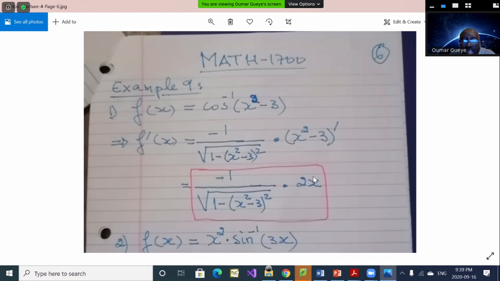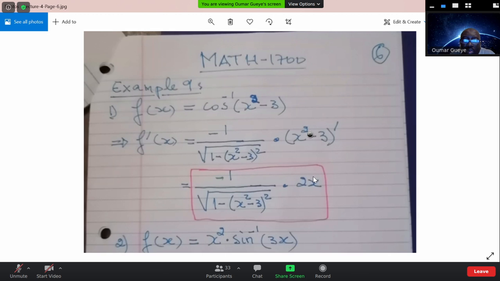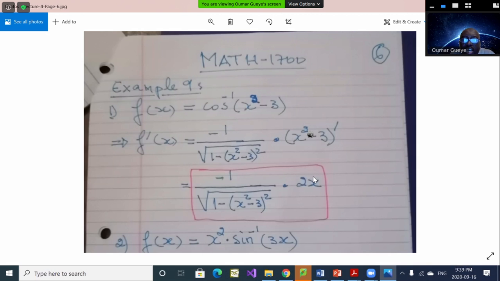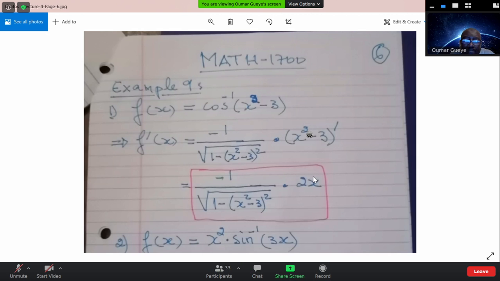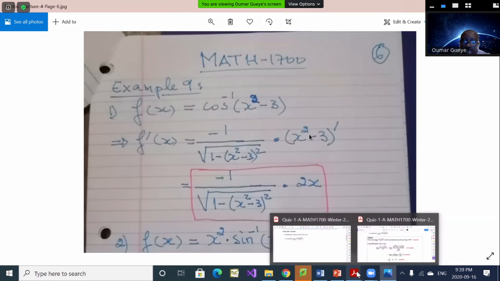Cosine inverse of g(x) is going to be negative 1 over square root of 1 minus g(x) squared, times g dash. All right. So let's see now the second example.